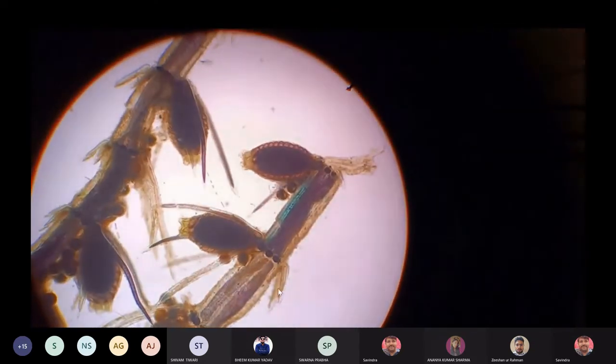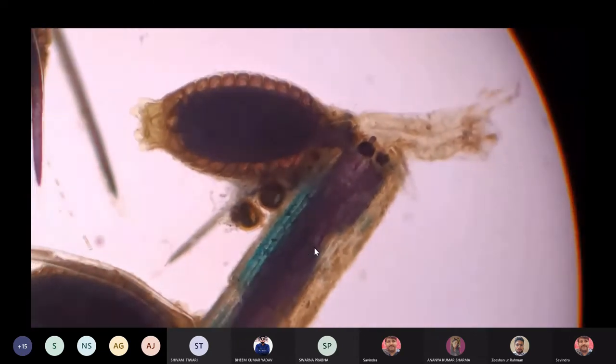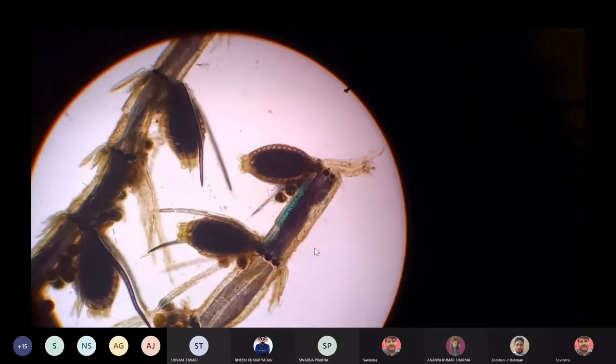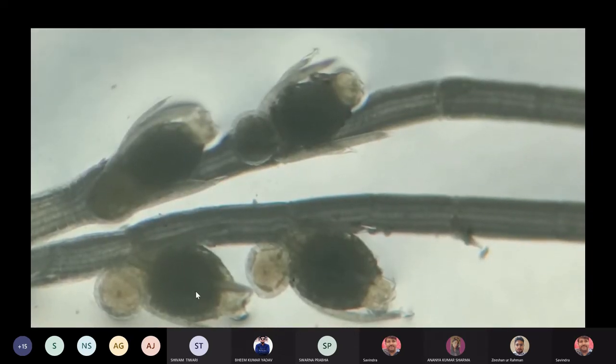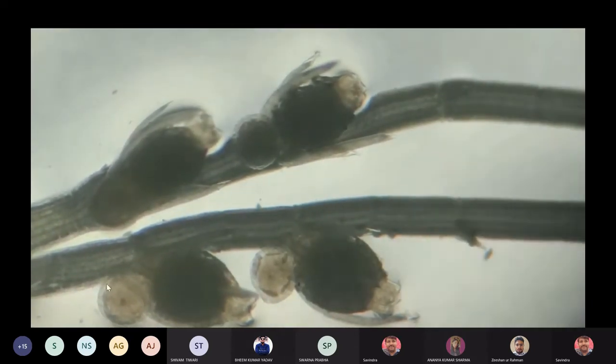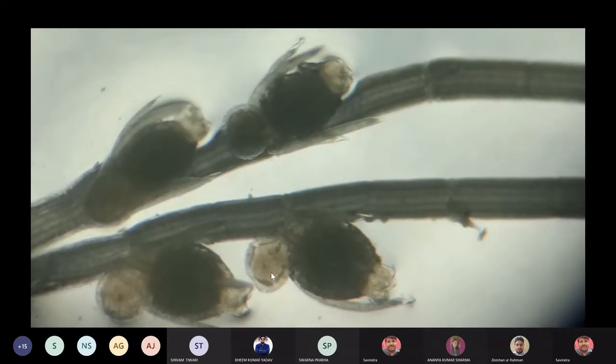Let's try once more. And you can see the cortical cells surrounding the main cell, the center cell. Here, you must be able to see this male structure. So this was the stain of iodine.